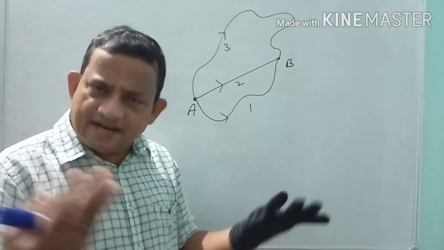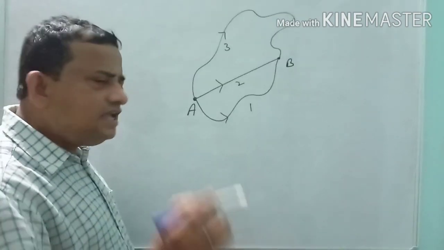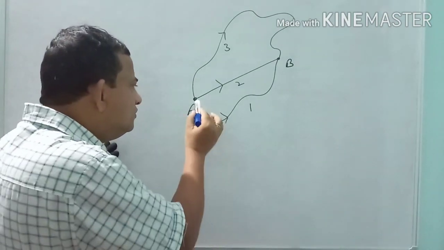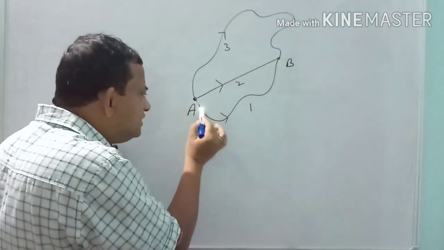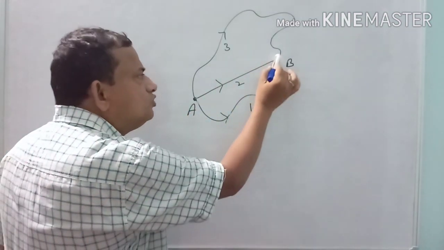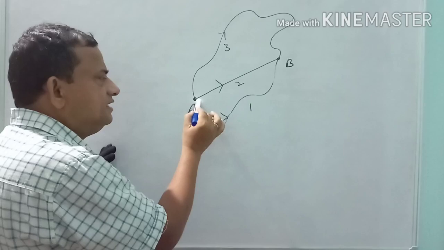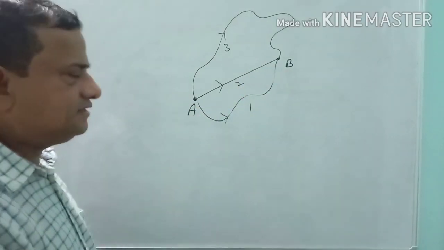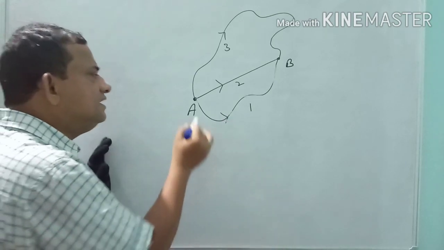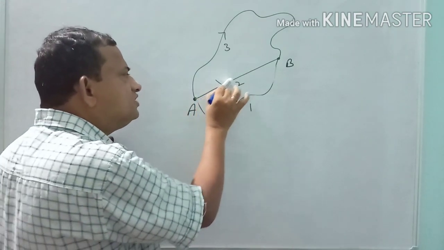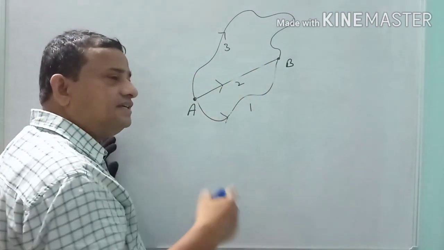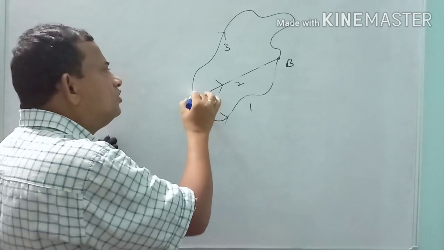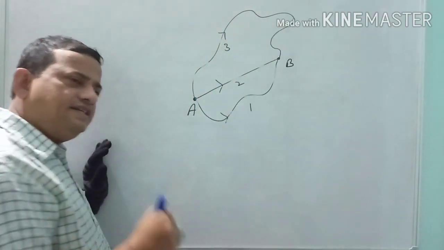So all are distances. If one moves from A to B through this path, you just measure it and that gives you distance. Similarly, if one moves in this way, you measure it, that is distance. Also, this is distance.